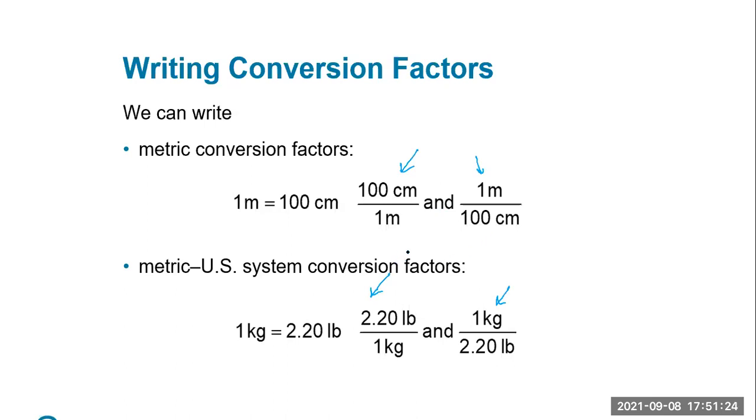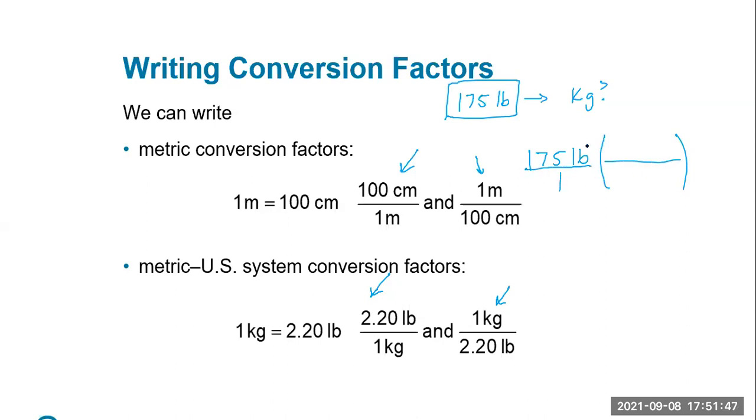So looking at a problem, for example, if you weighed 175 pounds and you wanted to know how many kilograms that is, again, we would start with the number that was given to us, which is 175 pounds. And here we would want to choose the correct conversion factor. Technically, pounds is up on top, which means we do want pounds on the bottom.